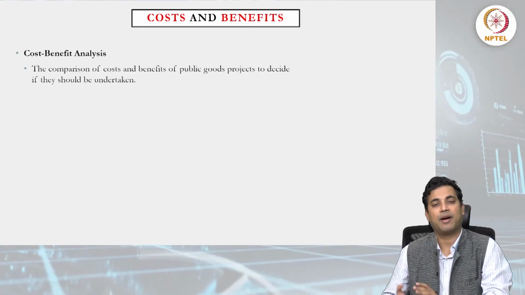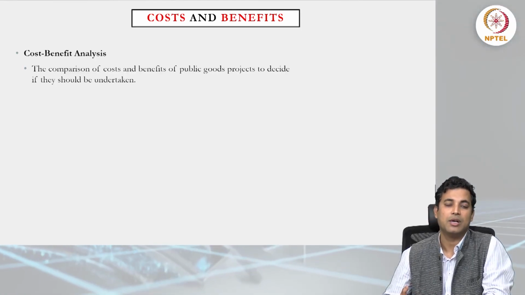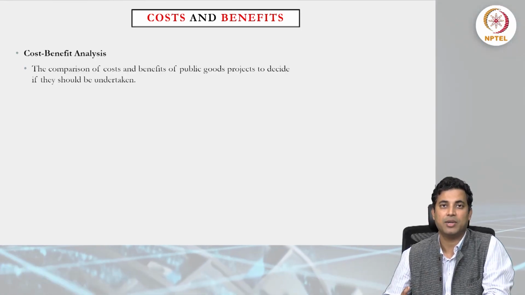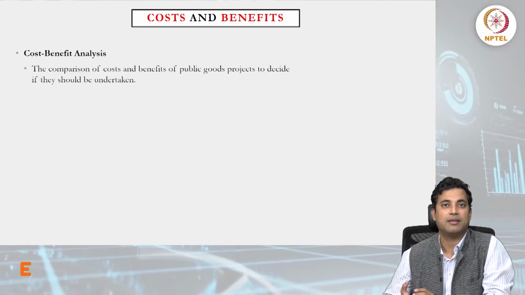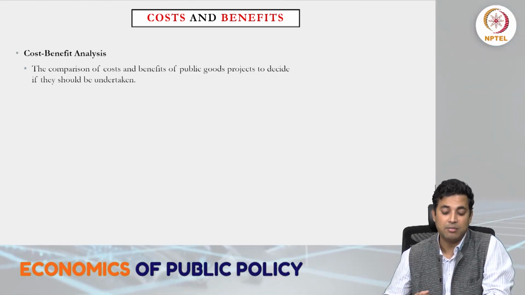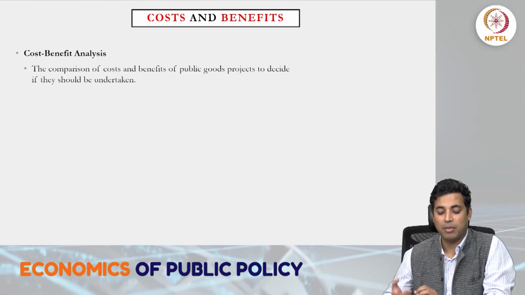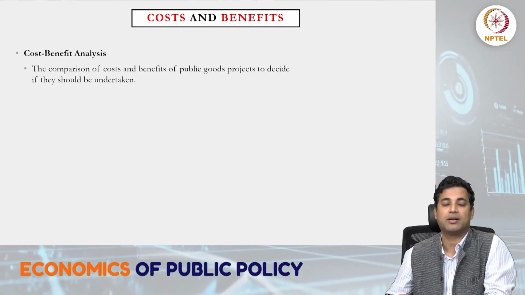While defining any measures, like programs or missions that we design, we ask what kind of benefits we get. These benefits could be tangible or intangible, especially from public goods projects, to decide whether they should be undertaken or not.